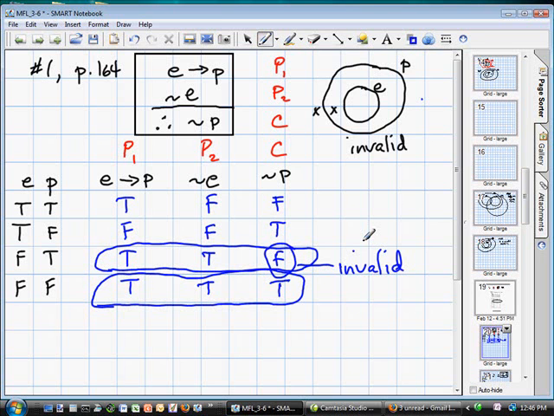Yes? Could you circle them again? Because in those two cases, all the premises were true. See, right now we only have two premises, P1 and P2. But do you see how in those two columns, those are the only two rows where these two are both true? Okay. So that's the criteria for how you know which rows.